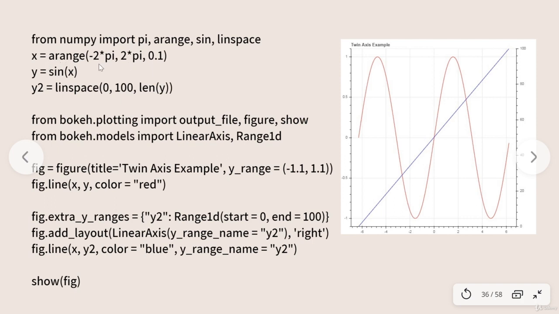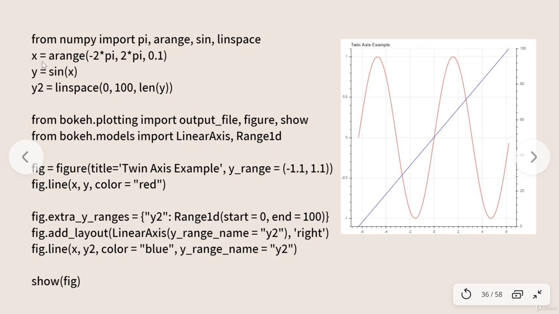This function returns evenly spaced numbers between these two parameters, -2 into pi and 2 into pi, and the difference between each value should be 0.1. That's how this function works.